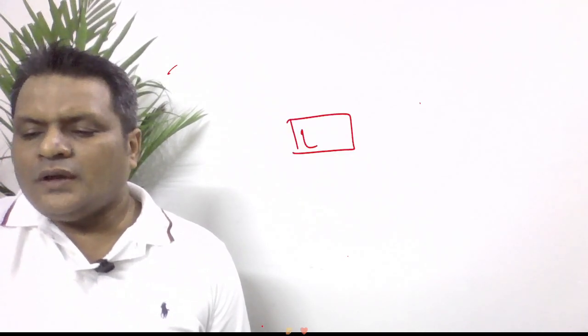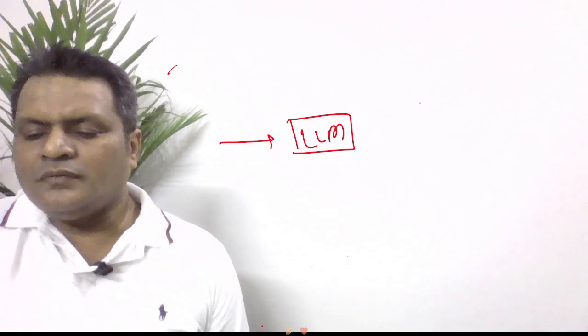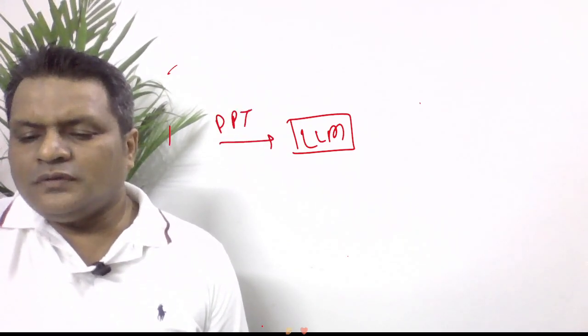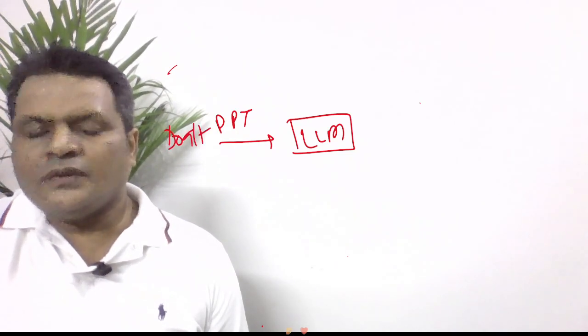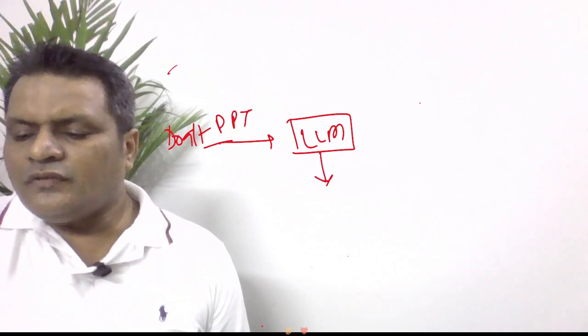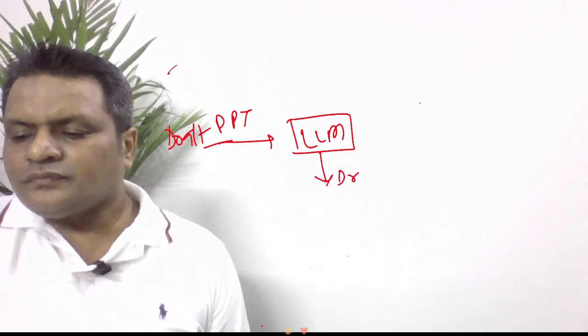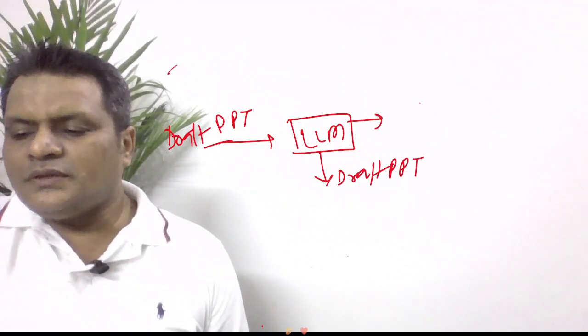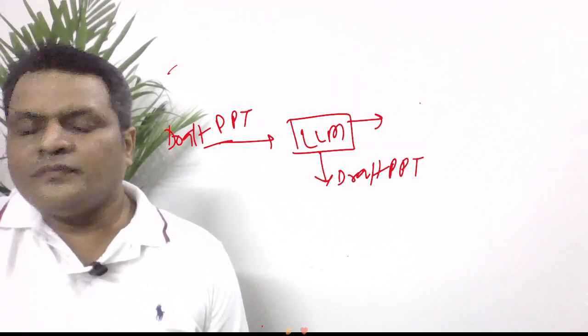We take one LLM and ask it to create a draft PPT. This LLM will give you a draft PPT, and we can treat this LLM as an agent.